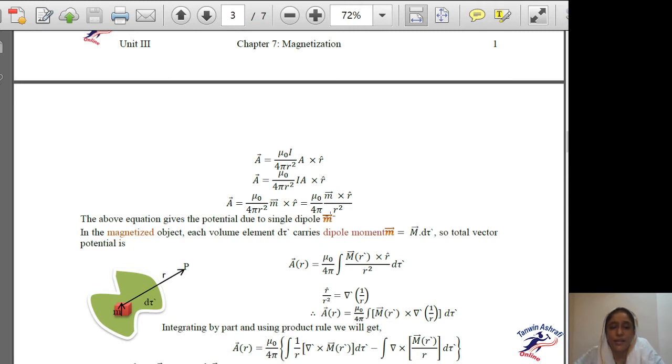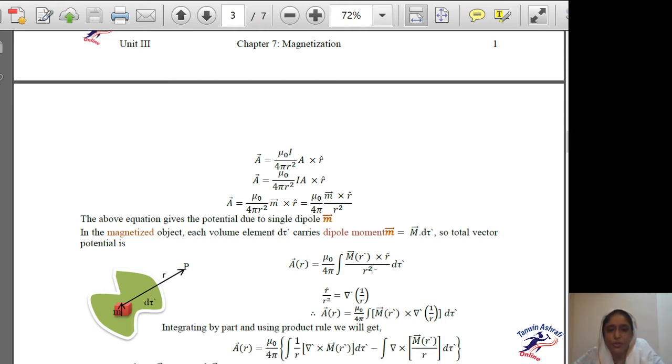But in magnetized material, each volume element d tau prime carries a dipole moment m prime. Now, m is magnetization times the volume d tau prime. So, the total vector potential A is equal to mu naught divided by 4 pi times the integration of the magnetization vector M cross r cap over r square, over the volume tau prime.